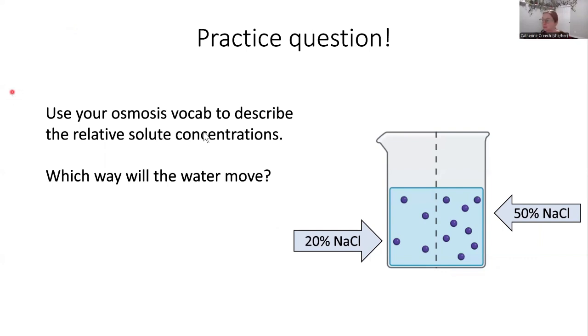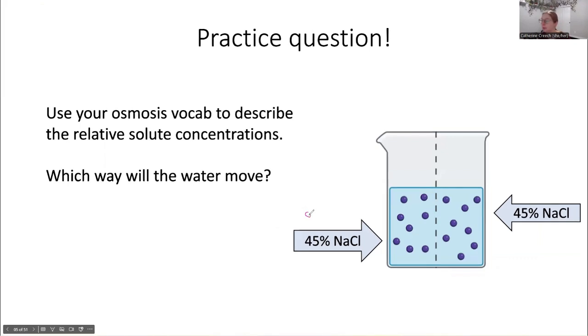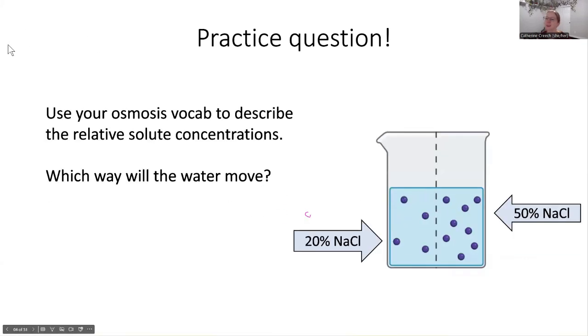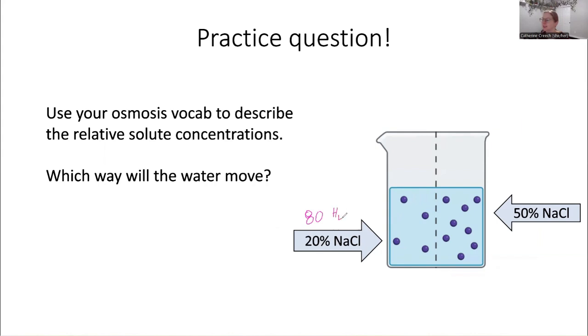Why is that? Because if it's 20% sodium chloride, the other part of the solution, the 80%, is going to be water, because we have to have 100% total. So that's a lot of water.